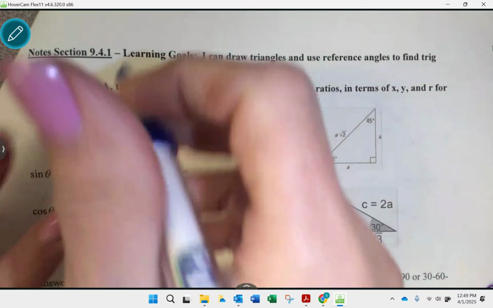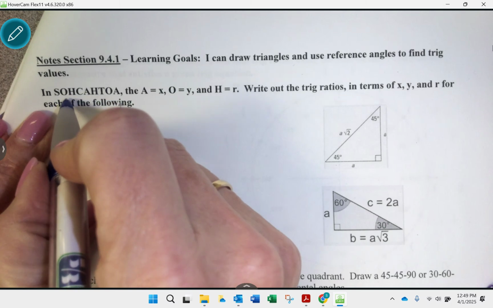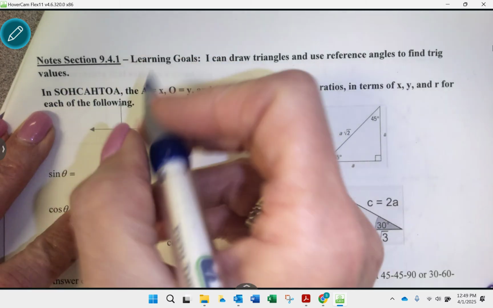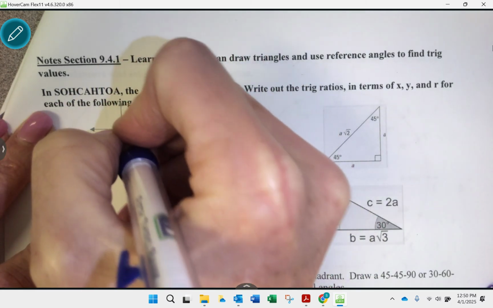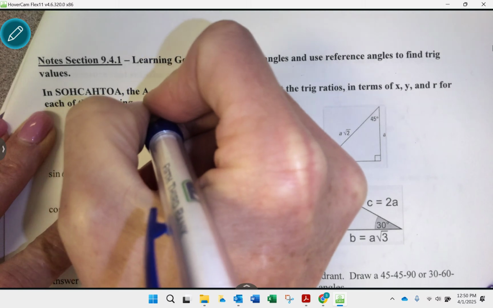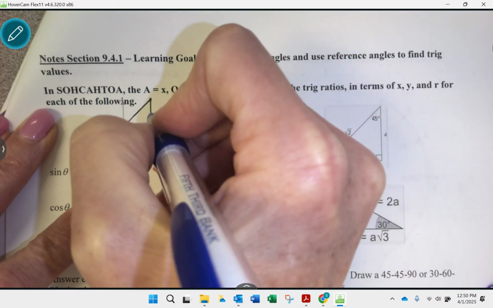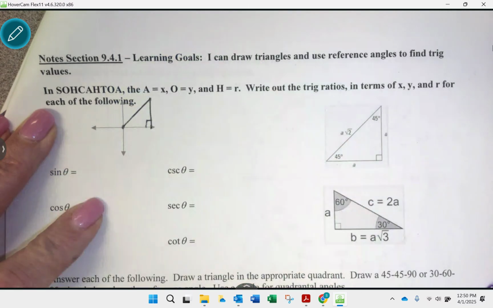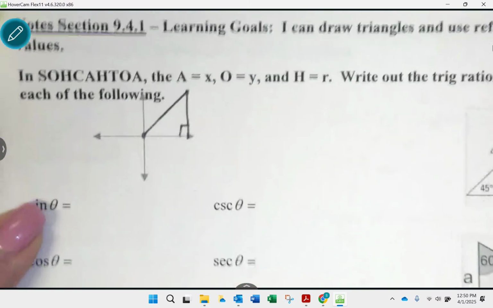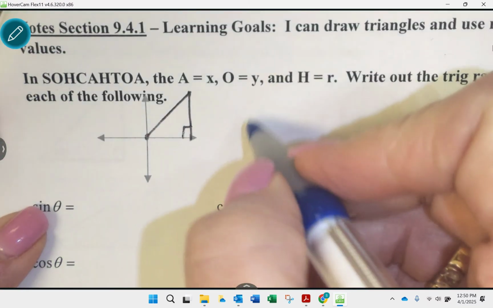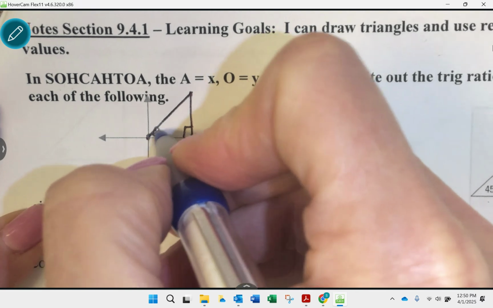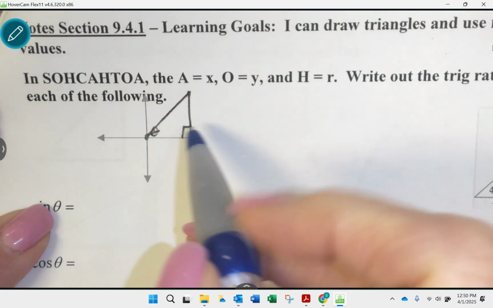Now, remember, when we were using SOHCAHTOA, we learned that sine is opposite over hypotenuse. But if I draw a picture from the origin out, that being our terminal side, and then I drop this down, we always go to the x-axis when we drop that perpendicular down. This is going to be the angle theta right here by the origin.